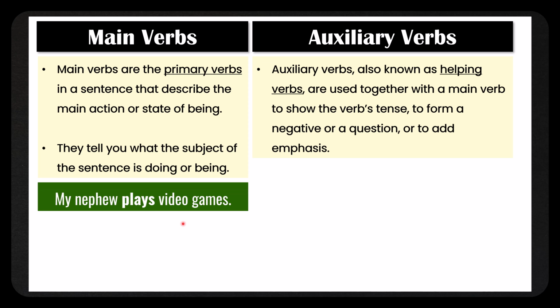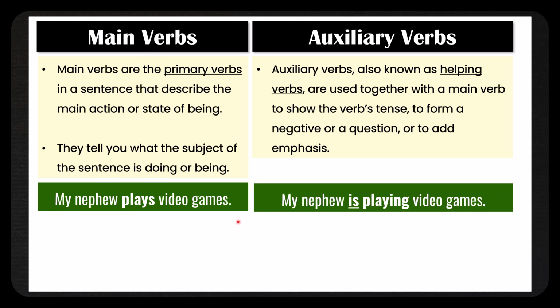Let's look at some examples. My nephew plays video games. Plays is the main verb, the only verb in the sentence. Now let's look at this sentence. My nephew is playing video games. If you know verb tenses, the first sentence is in the present simple tense. We only have the verb plays.